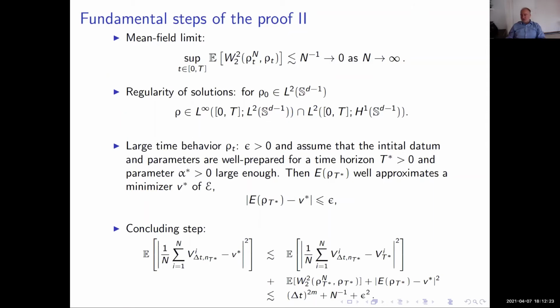And then there is the concluding step that is nothing else than a sort of triangle-like inequality combined with Jensen-type inequalities.